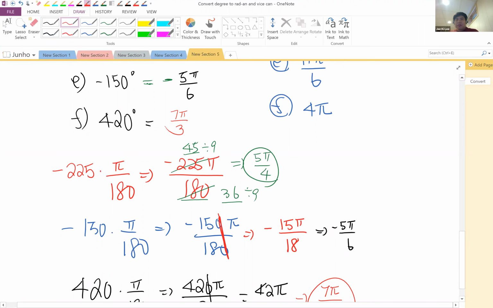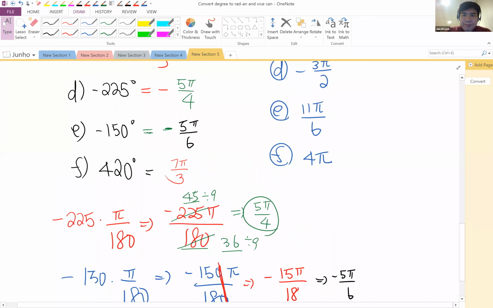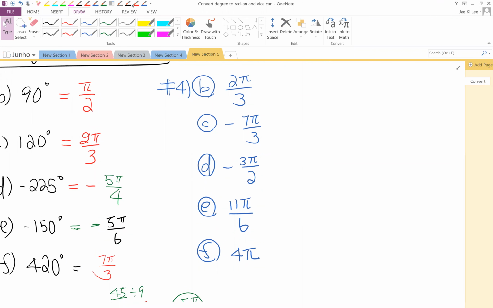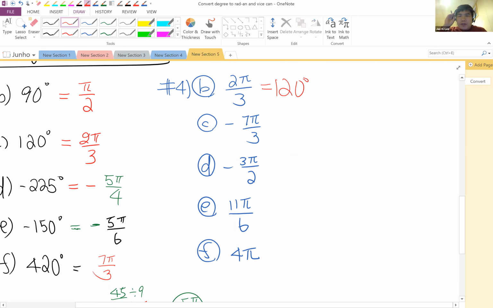Now we're doing the opposite direction. We switch to the angle value here. What's the answer for the first one? 120.